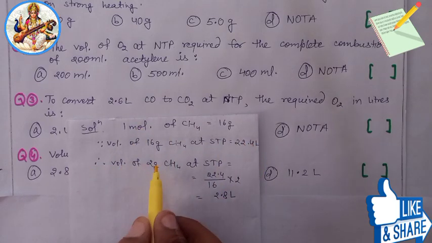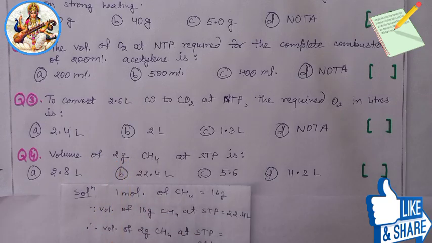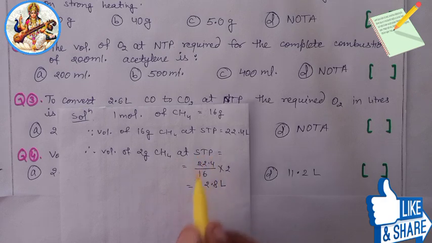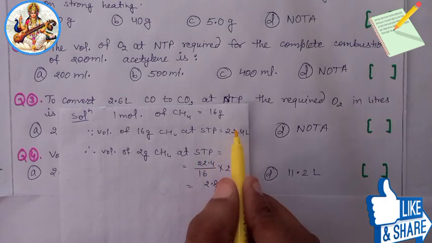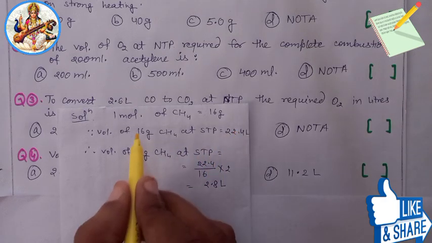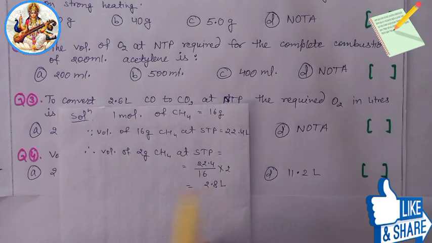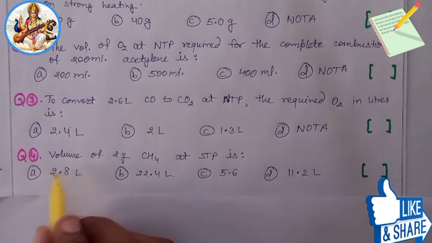Therefore, the volume of 2 gram of methane at STP is equal to 22.4 into 2 divided by 16, which is 2.8 liter. So the answer will be option A, 2.8 liter.